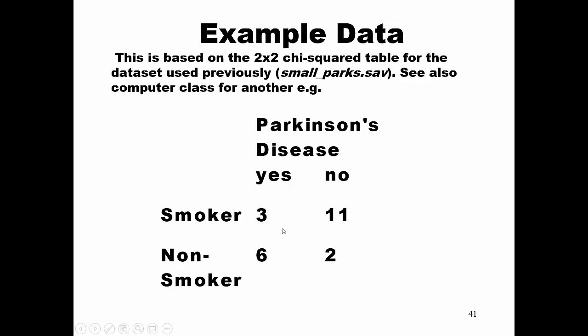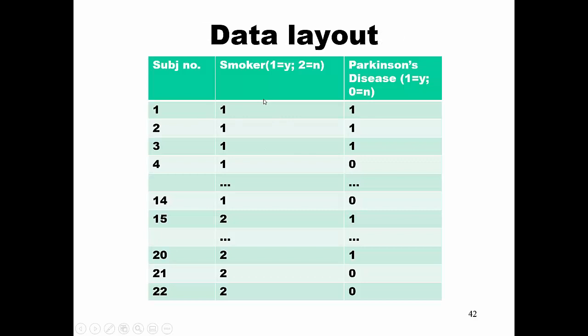Here we see that there appears to be quite a strong association in this tiny table, because most of the data lie along this diagonal here. It means that if you're a smoker, your probability of having Parkinson's disease is quite small, whereas if you're a non-smoker, it's much higher. These are obviously made up data to produce a contingency table of interest. Here they are laid out in the long thin format across the 22 subjects.